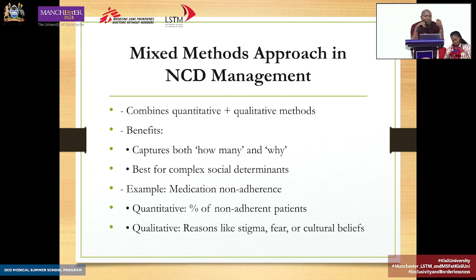Then at the end of the day, you are able to come up with interventions that are going to address the issues of non-adherence. Remember, non-adherence is the major aspect that affects treatment and management of NCDs. Drugs can be available, but you find people are not changing in terms of their health status.